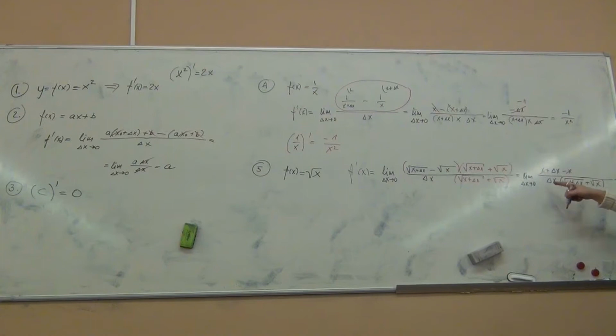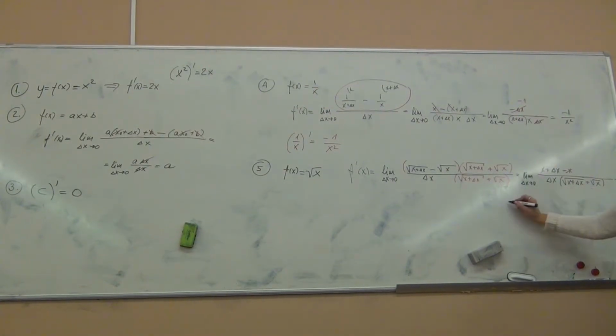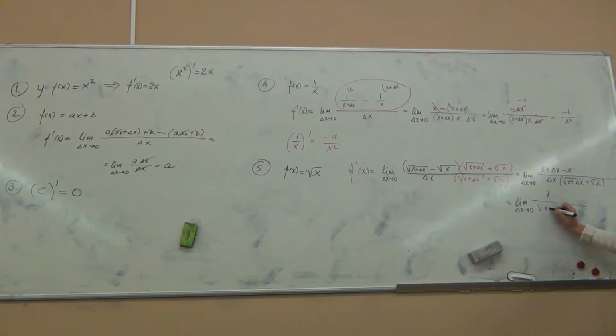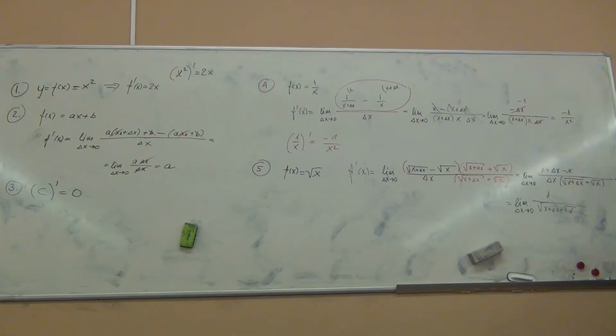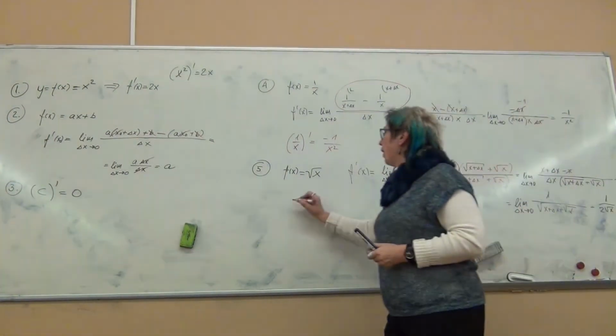If we divide everything by delta x, we have the limit as delta x tends to 0 of 1 over the square root of x plus delta x plus the square root of x. And now, in the final step, if delta x tends to 0, we can ignore it. We have 2 identical square roots. So it's 1 over 2 square roots of x. So that's the derivative of the square root function.